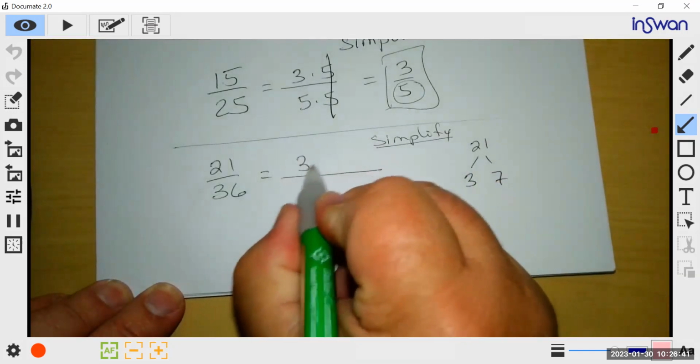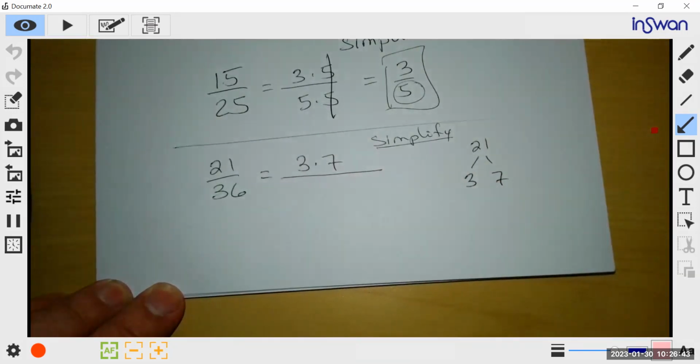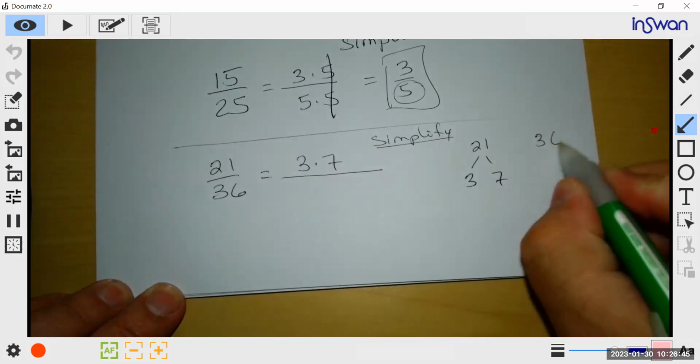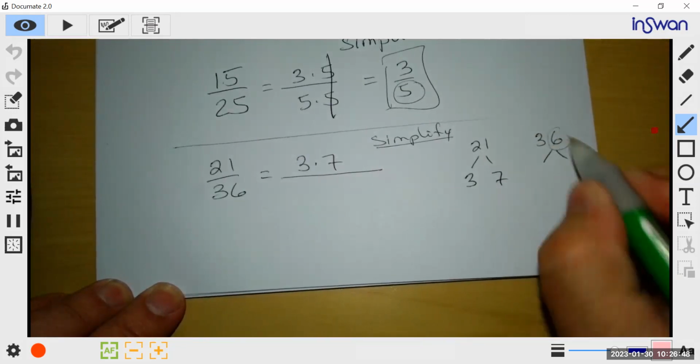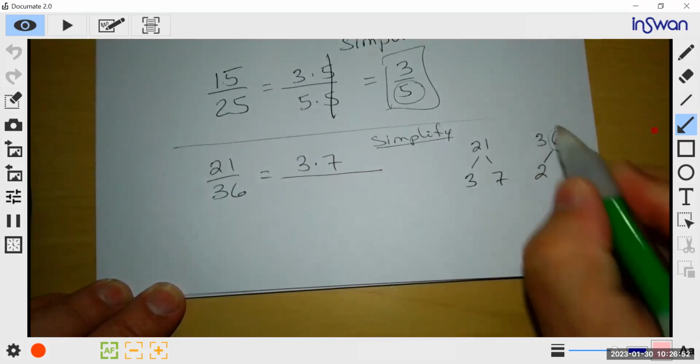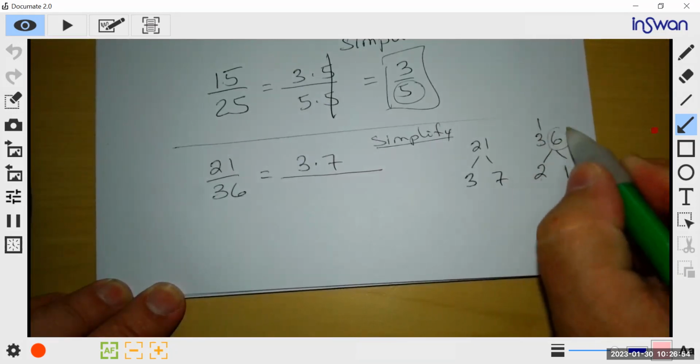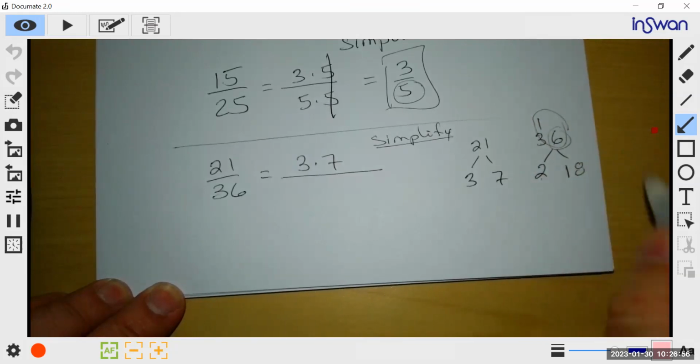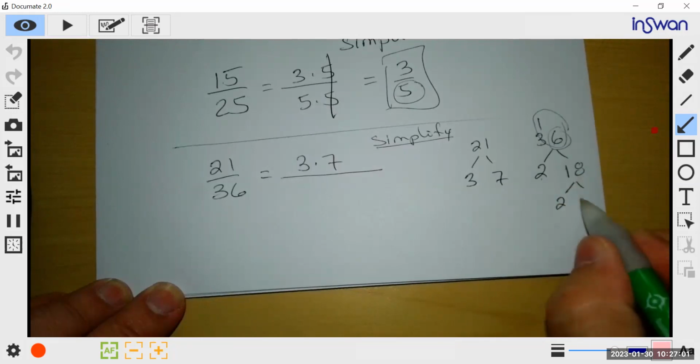So it's 3 times 7. 36 ends in a 6, so I know 2 goes in there. 2 goes into 3 once with 1 left over. 2 goes into 16 8 times. 2 goes into 18 9 times.